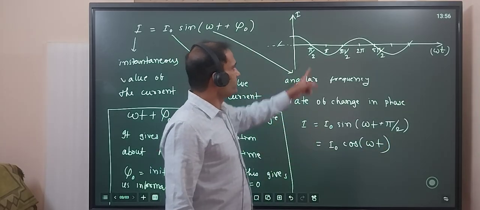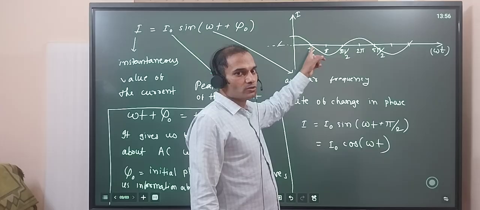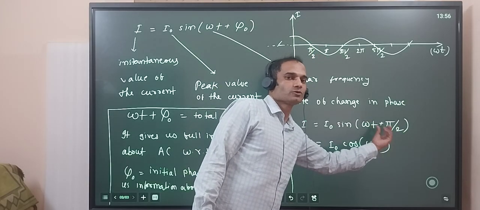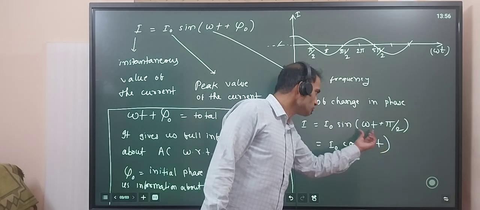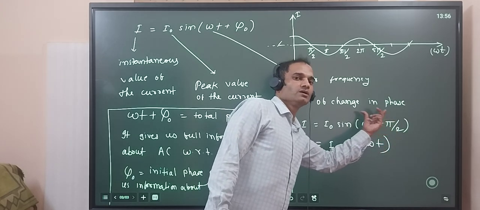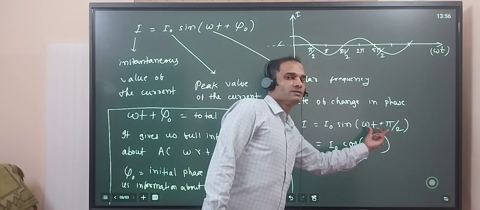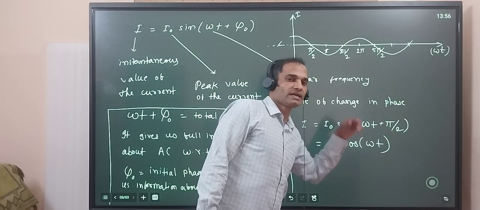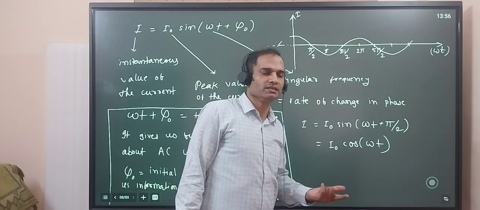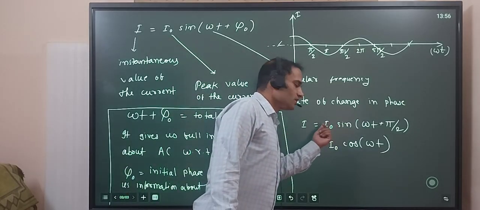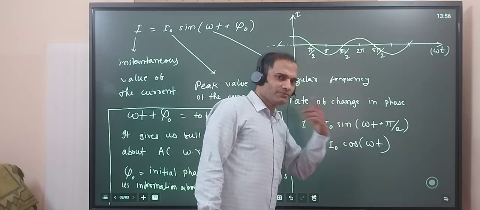After some time, omega t is pi by 2, and total phase angle will become pi. Pi by 2 plus pi by 2 will become 180 degree or pi, and the current value will become 0. Sine pi is 0, so it will give you 0 current.